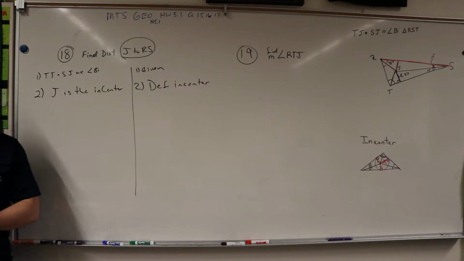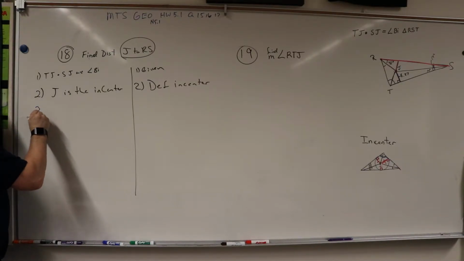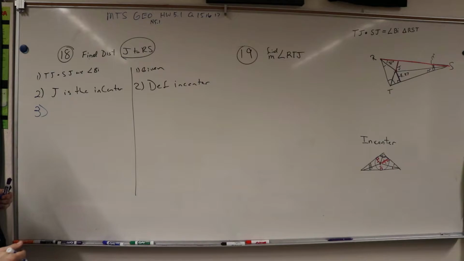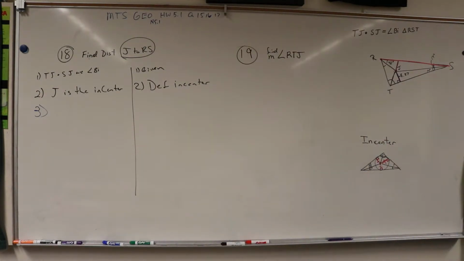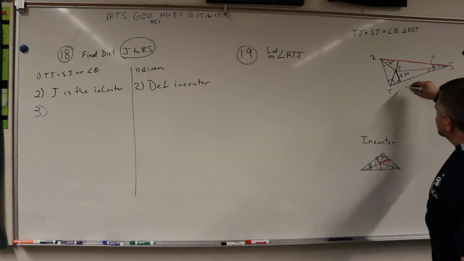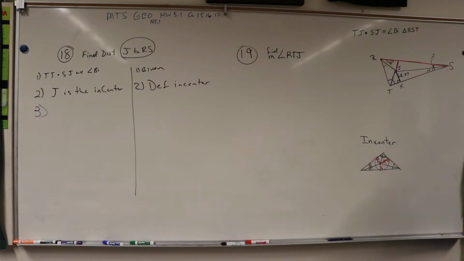So because of that, we can go to the next one. This doesn't have a point, so we'll have to make up a point. Let's call this X. Or does it?